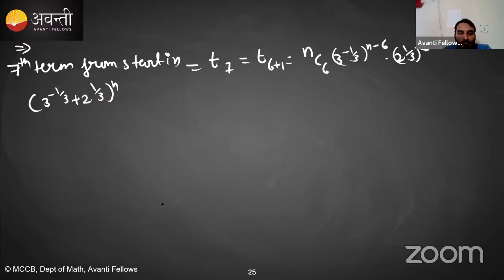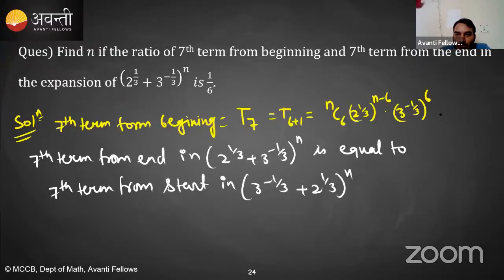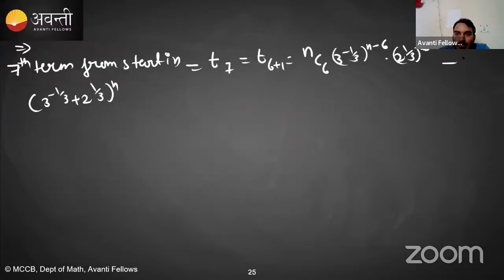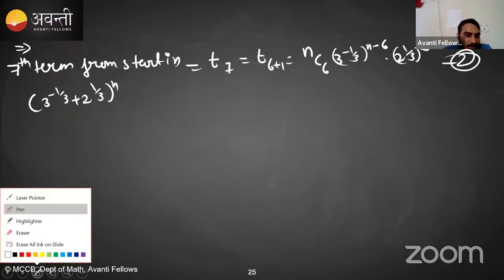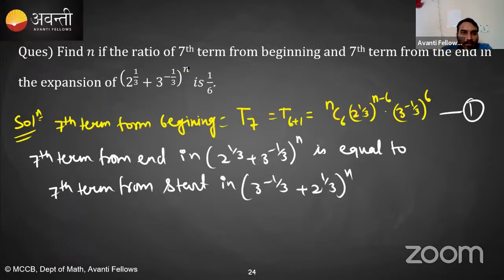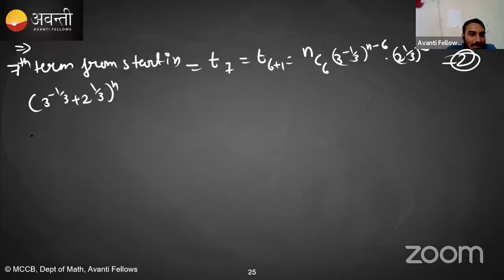Is that clear? Let's call this equation 1 and this equation 2. According to the question, the ratio of capital T7 and small t7 is 1 by 6. So capital T7 divided by small t7 is equal to 1 by 6.